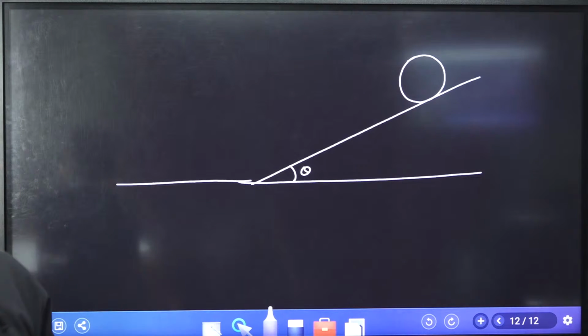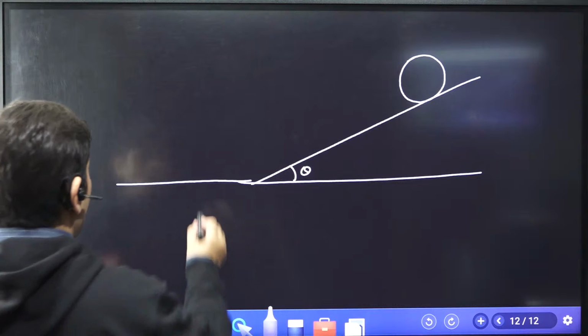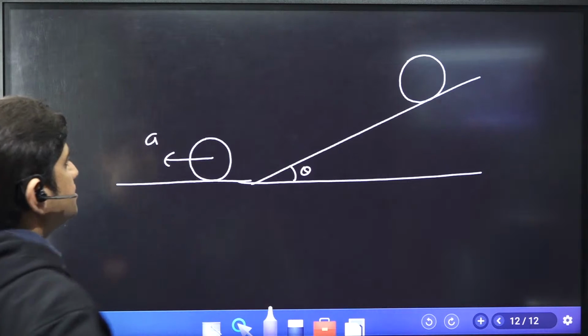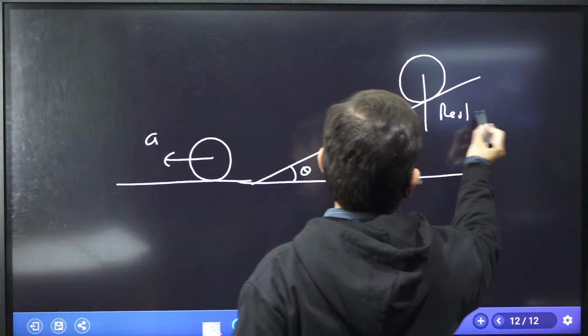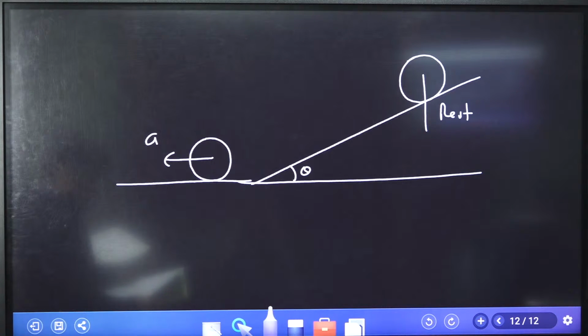What is the acceleration of this when it reaches the bottom? It starts from rest and it rolls down the inclined plane of angle theta. What is the acceleration of this when it reaches the bottom?